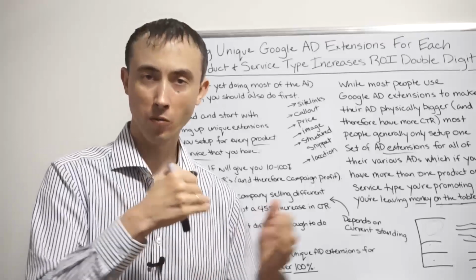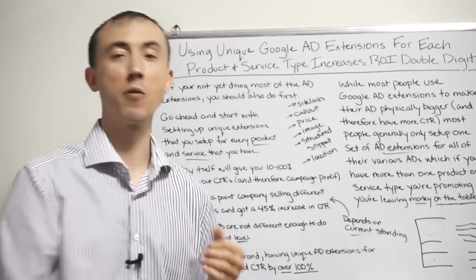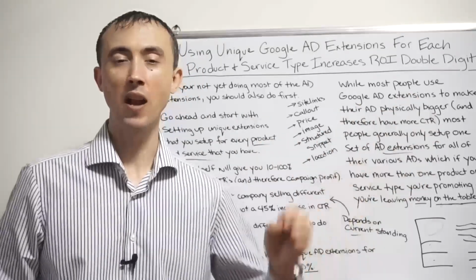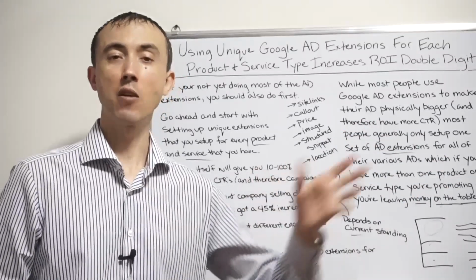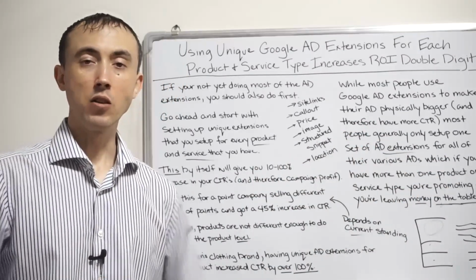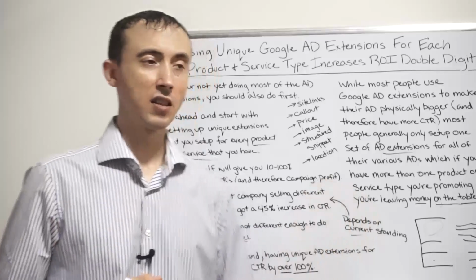You'll actually get more going the rest of the way, writing the ad extensions for each product versus each product category. But you can decide, of course, where you want to take this.